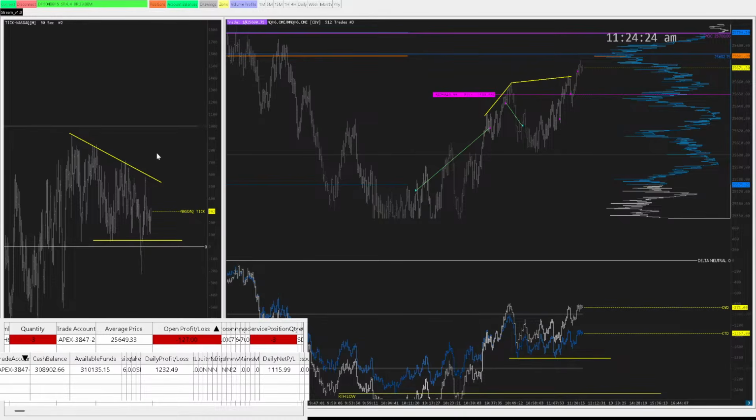I posted yesterday on X talking about granular position sizing. That's my approach to all of this, right?